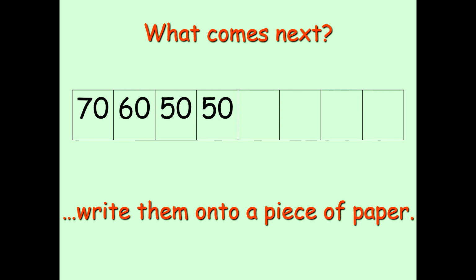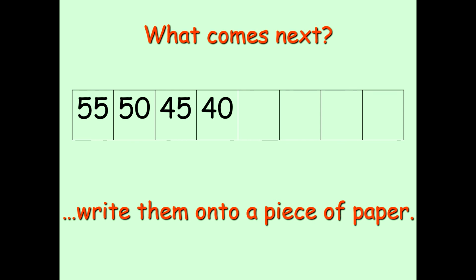Okay, I would like you to now continue and extend our number pattern here, please. We're at 70, 60, 50, 40. Okay, write down the next 4 numbers, please. And for the next one as well, we're at 55, down to 50, 45, 40. Again, write down the next 4 numbers in our number sequence, please.